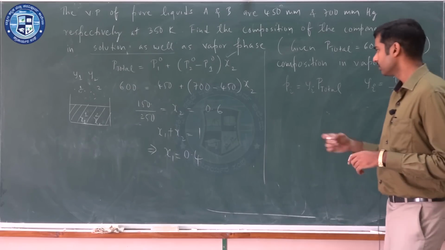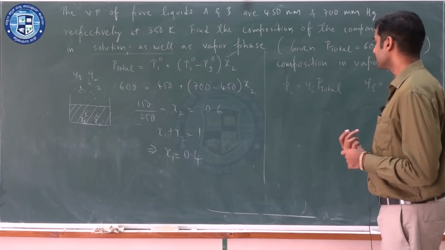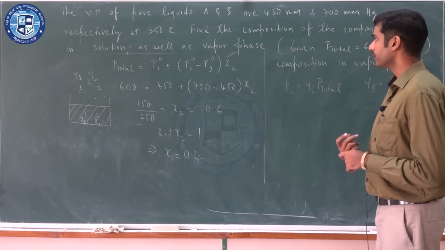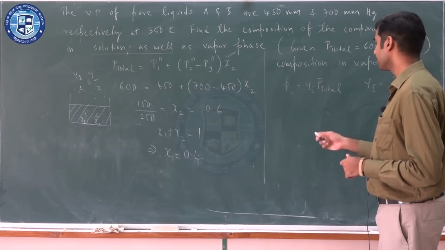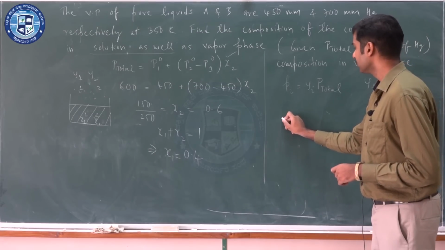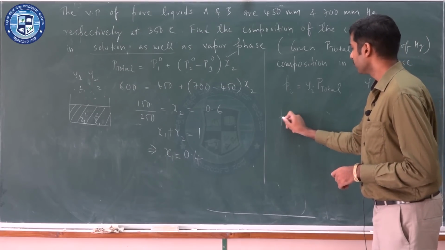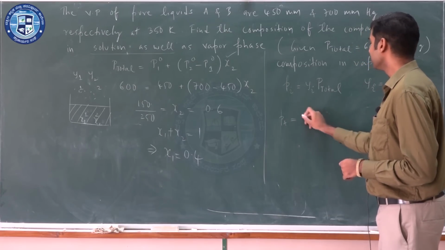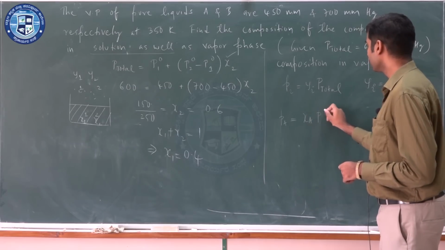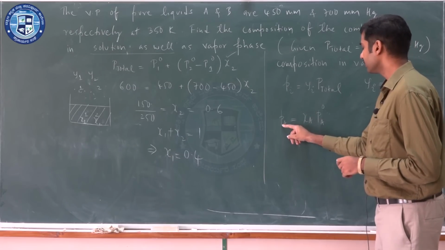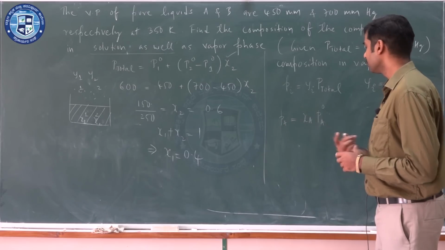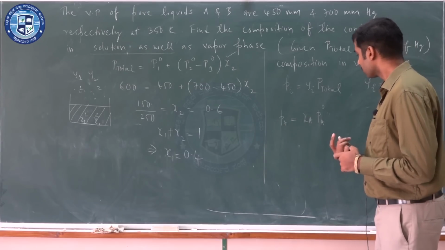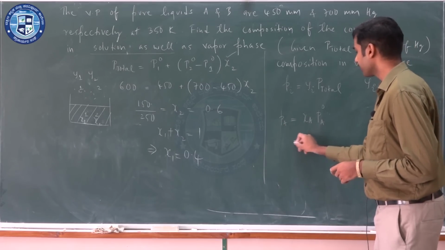But how will you get the partial vapor pressure of each component? The partial vapor pressure of each component can be obtained by Raoult's law. So, let me take, say, the first component. This will be given by the mole fraction of that component into the vapor pressure of the pure component A. I will be able to get the partial vapor pressure of the component.